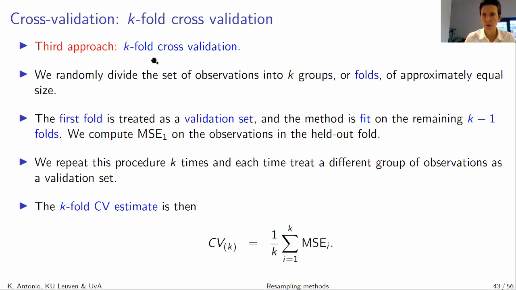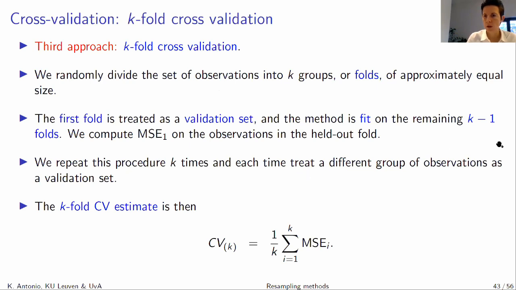And that is the one we're going to use a lot throughout the course and which is used a lot in machine learning settings. That's the k-fold cross-validation. So what we're going to do is we're going to divide the set of training data into k groups or folds of approximately equal size. We're going to treat the first fold as our validation set. We're going to calibrate the model on the remaining k-1 folds.